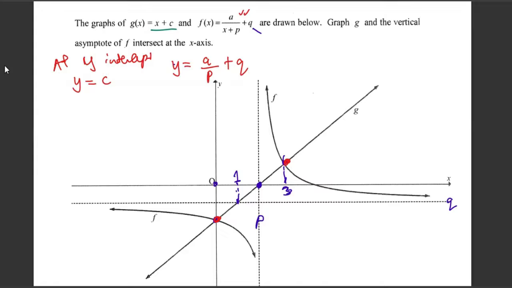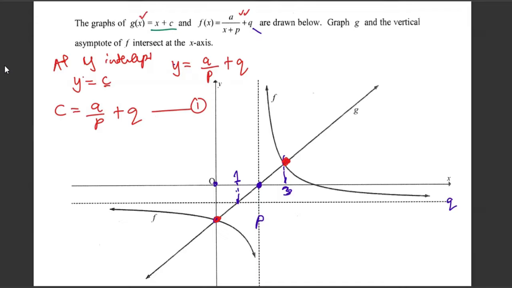Now, if I compare these two, remember the two equations must be equated to each other. So where there is y, I'll put a c, meaning that c is the same as a over p plus q. I'll call that my equation 1. Then I have to still use the same aspect of the intersection and equate the two graphs.